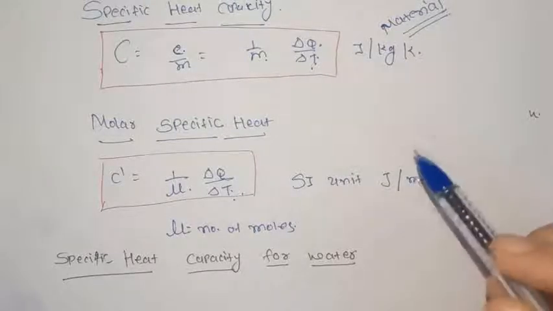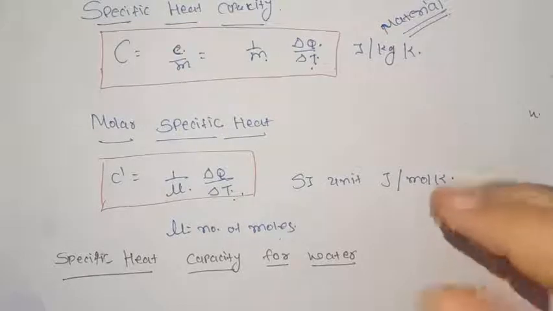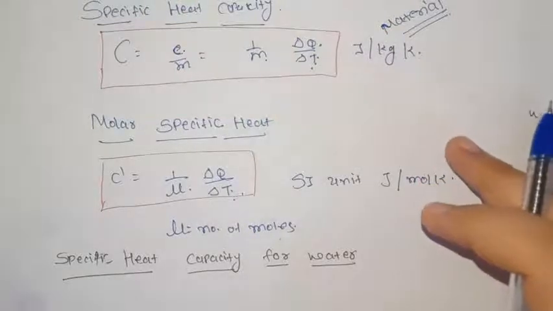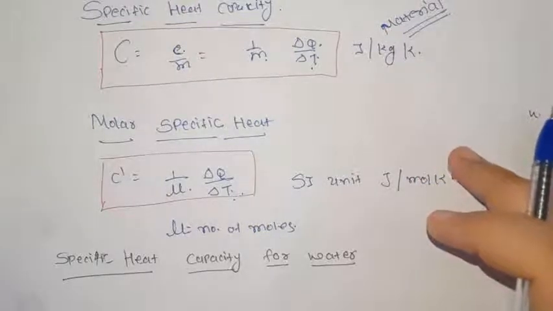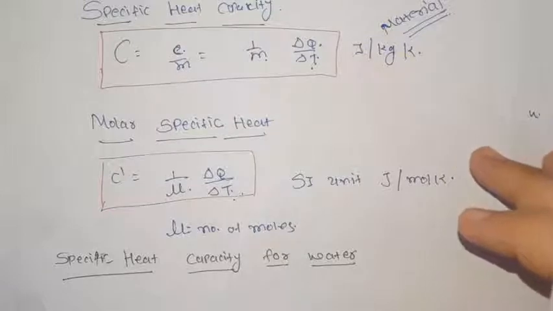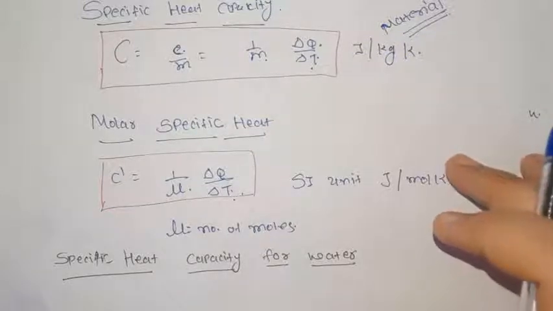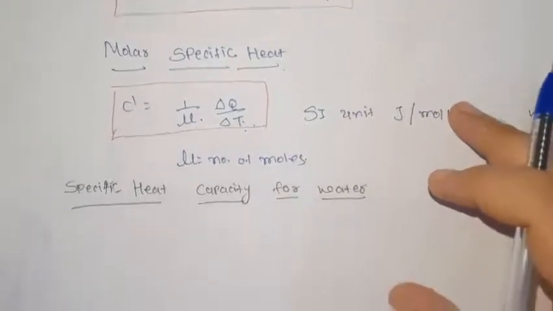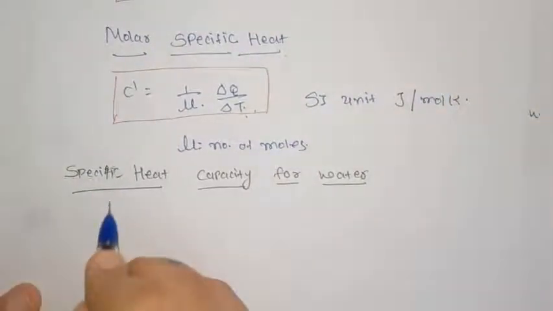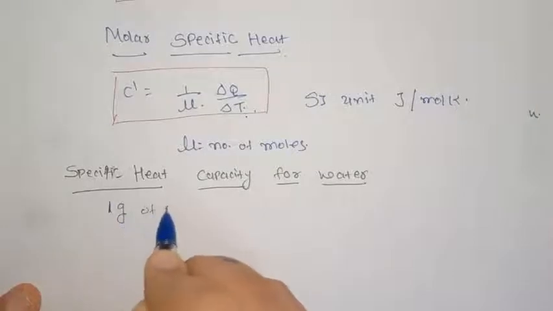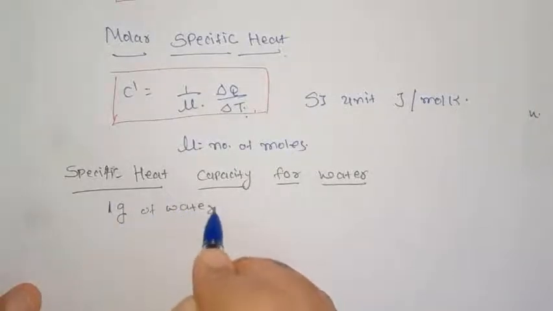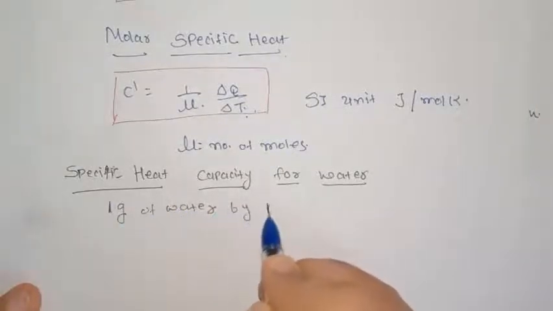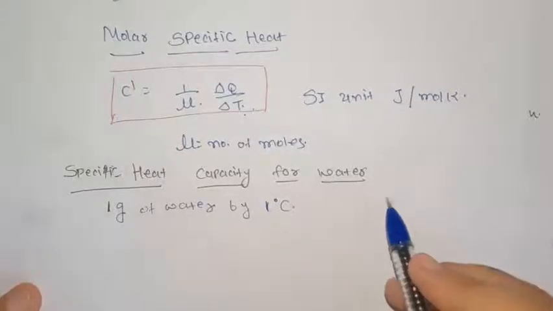Now let us see the specific heat capacity of water. Initially, heat was measured in calorie only. Earlier, it was defined as the amount of heat required to raise the temperature of 1 gram of water by 1 degree Celsius.